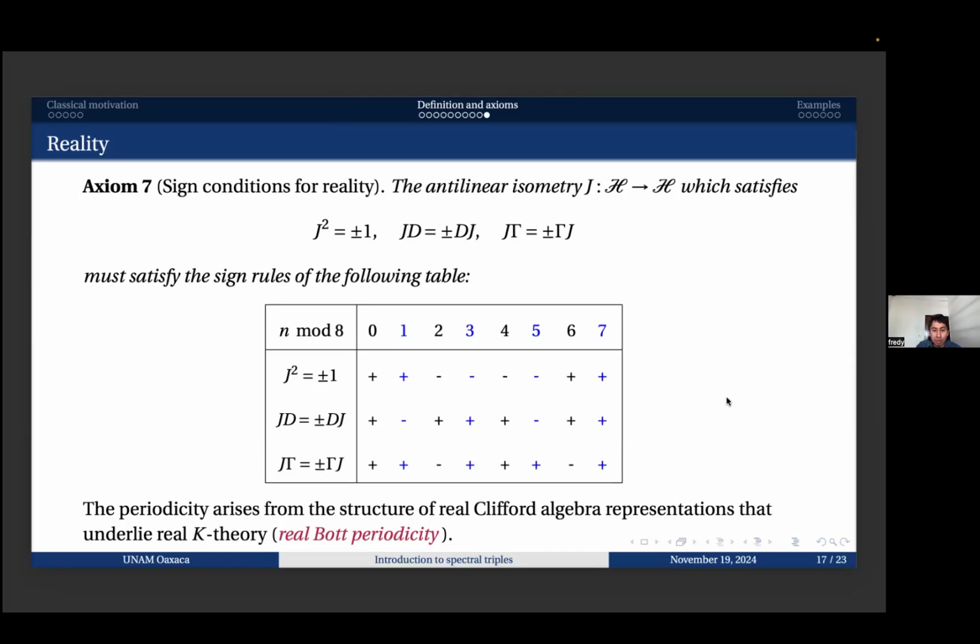There is a reason for these conditions, for these signs of these commutation relations, and these signs have to do with the periodicity of the real K-theory, which is something I don't know very well. But we know that there is a classical reason.